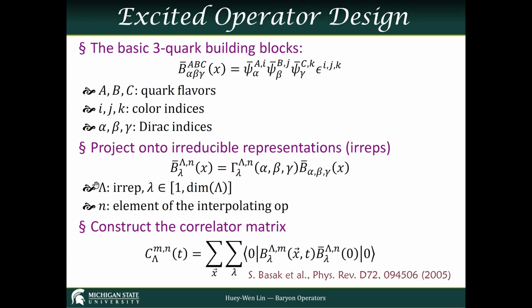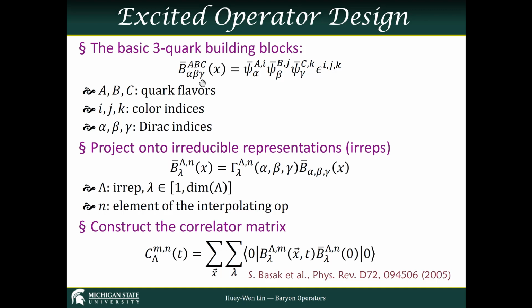So let's talk a little bit about how you would build a baryon operator in the first place. So a baryon, of course, is something that has 3 valence quarks. And the basic 3 quark building blocks are going to look like this. We denote it by B for baryon. It's got a bar on top because it's a creation operator. We label it with capital A, B, C, which are going to be our quark flavors, ups and downs, that sort of thing.